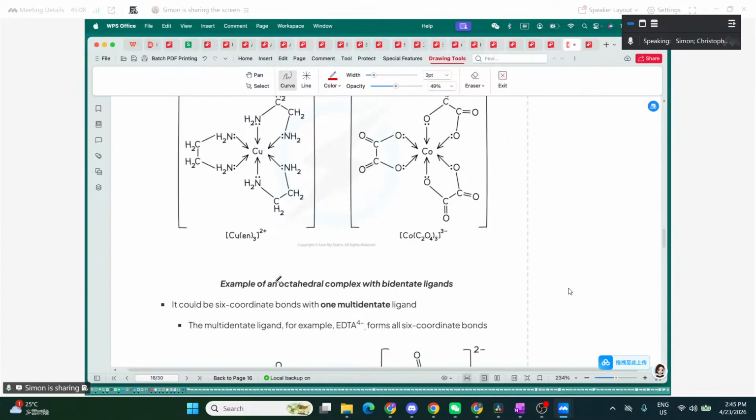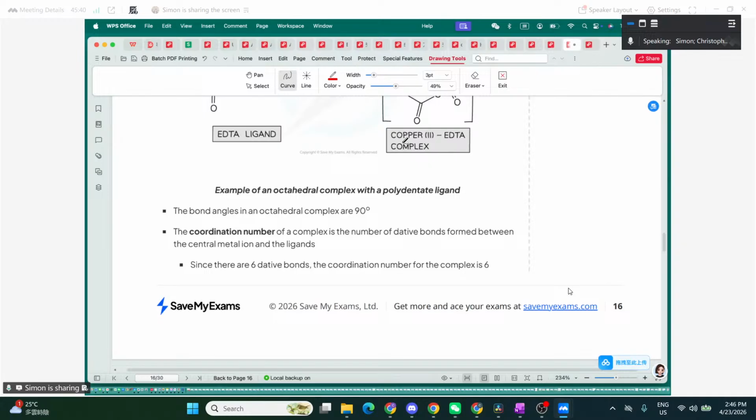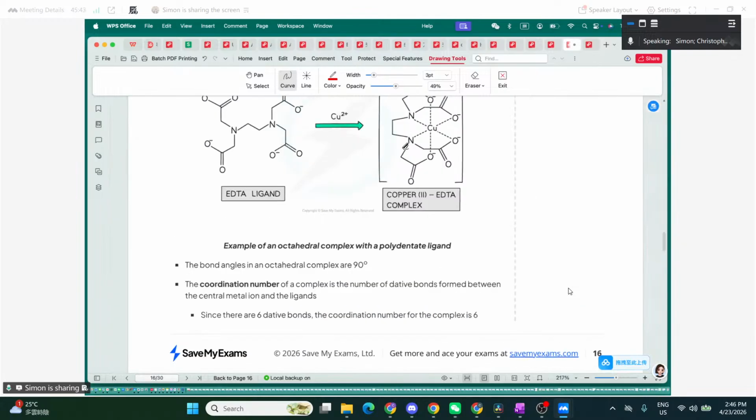For the next one, another example of an octahedral complex with bidentate ligands. And here is the multidentate ligand. According to the multidentate ligand, the number of bonds is six coordination bonds.